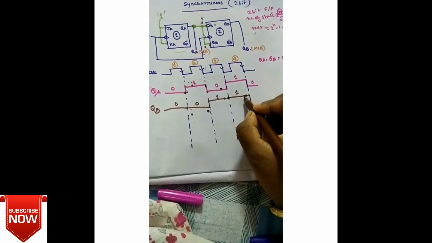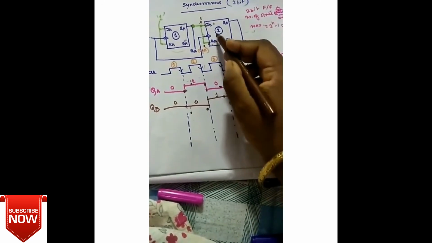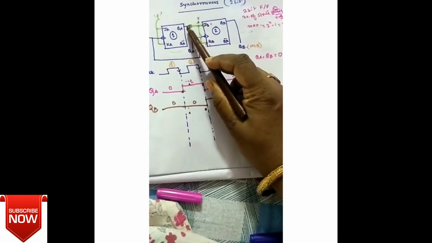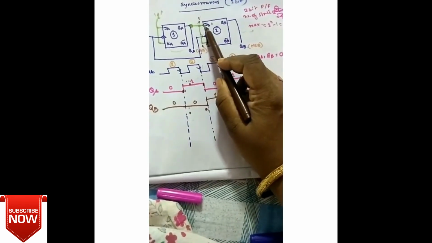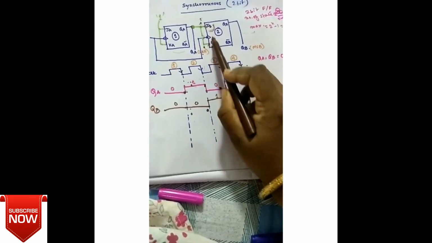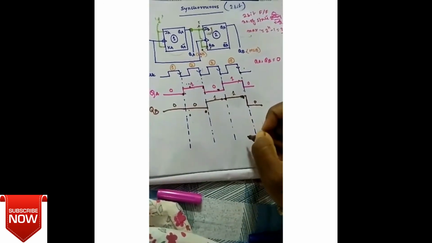So it will continue its state to 1, and on this negative edge trigger, when it is falling from 1 to 0, that means this 1 is taken here, right? So before QA falls down to 0, this 1 is taken as the input for this flip-flop. So 1 and 1 means it is toggle, so it will become 0 again, right?